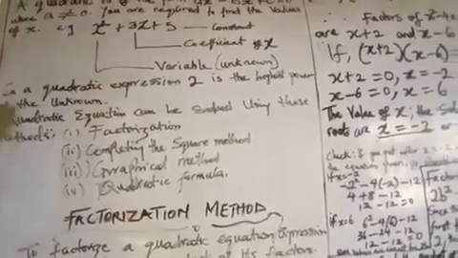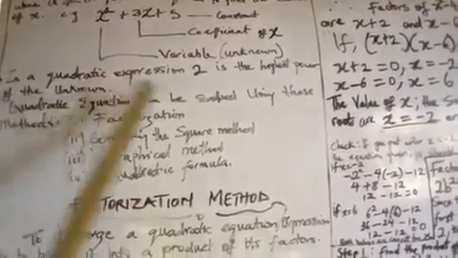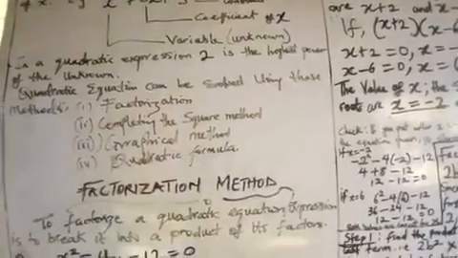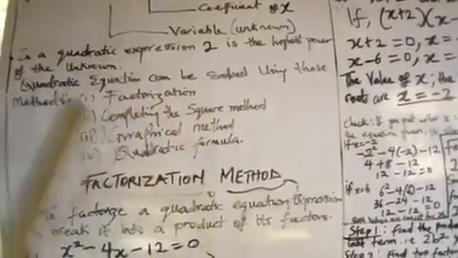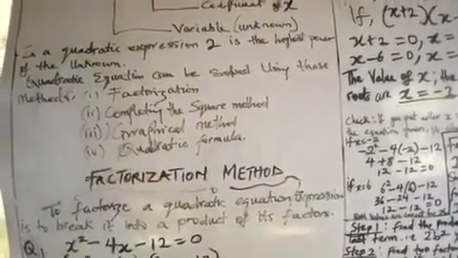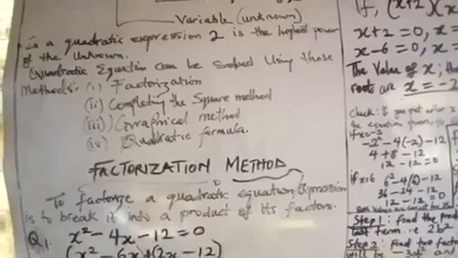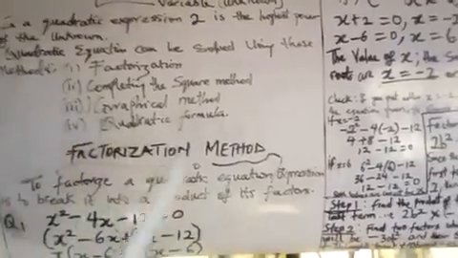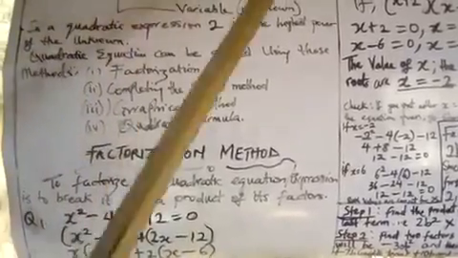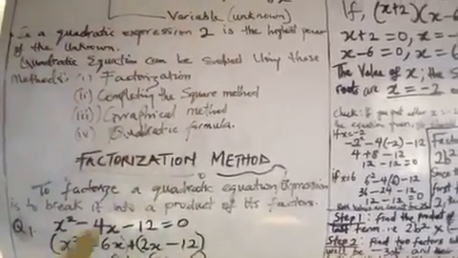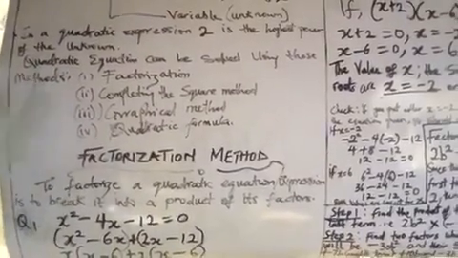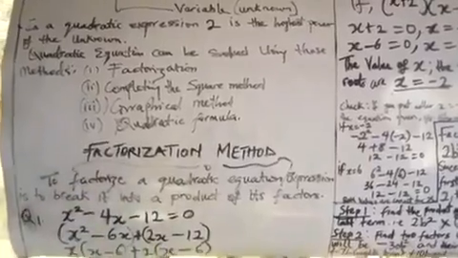The quadratic equation can be solved using these methods: factorization, completing the square, the graphical method, or the quadratic formula, which we call the almighty formula, in which you insert all the knowns to get the unknowns. So let's consider the factorization method.